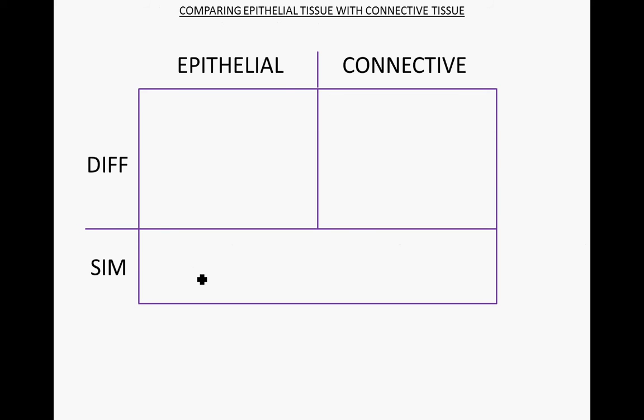So just a quick comparison here between epithelial and connective. When we were looking at epithelial tissue and trying to classify it, we were looking at the cells, not only the shape of the cells, but the layers of the cells and the numbers of those cells.